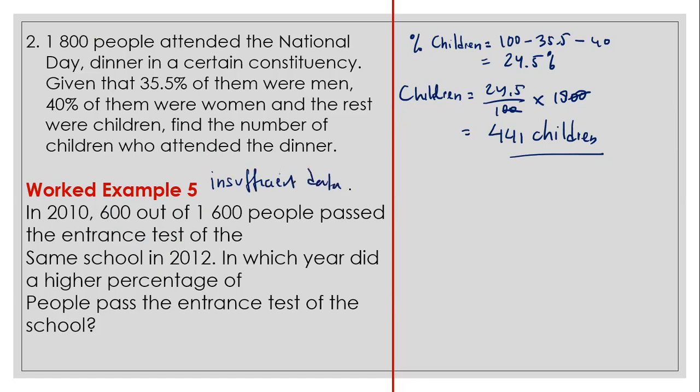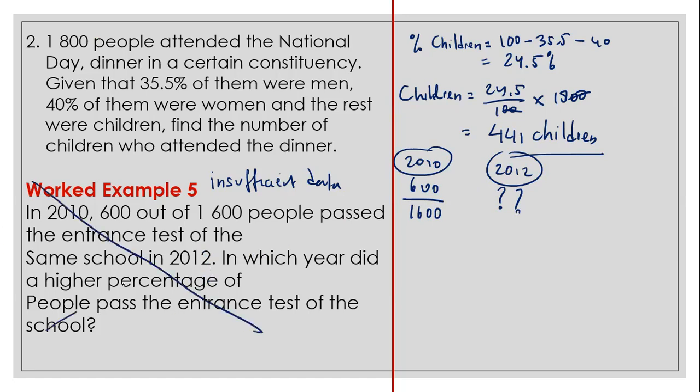Why? Because 600 students out of 1,600 passed in 2010, but in 2012, we don't have any of the info. See, same school in 2012. So we cannot do this at all. So we can just skip this.